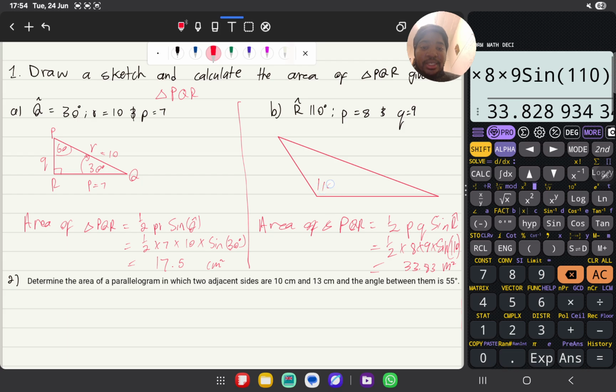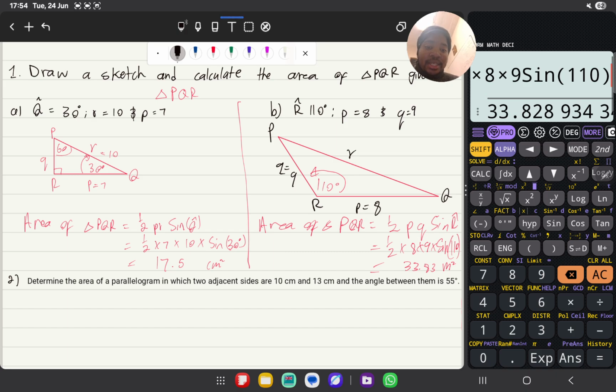That is your 110 degrees, and this is R, and then this is P, this is Q, right? So in terms of the sides, this side is 8, so P equals 8, and then Q equals 9.